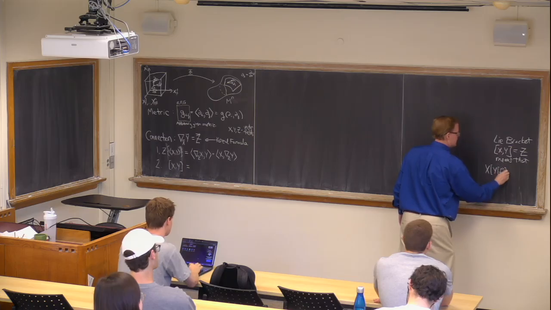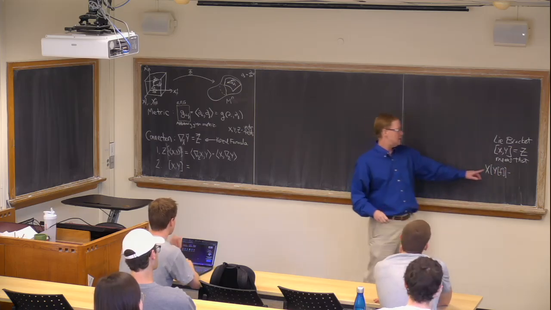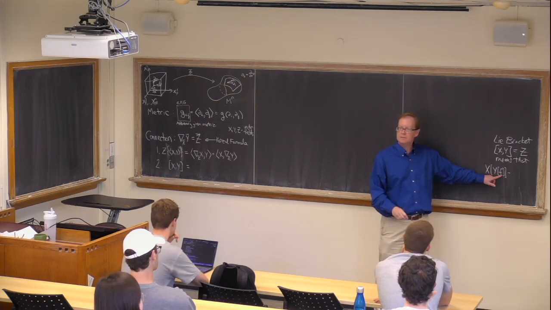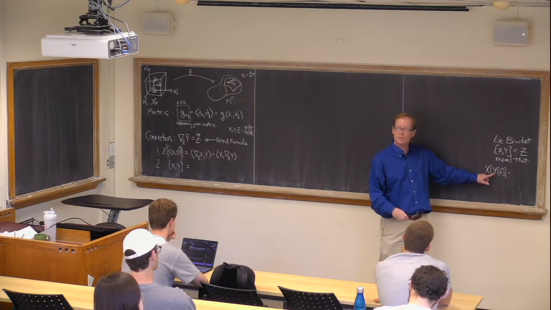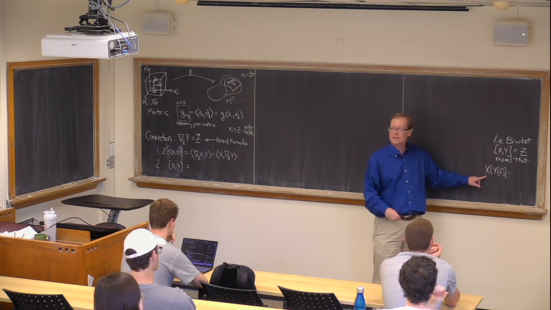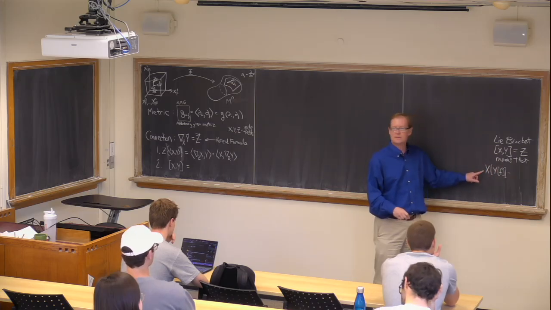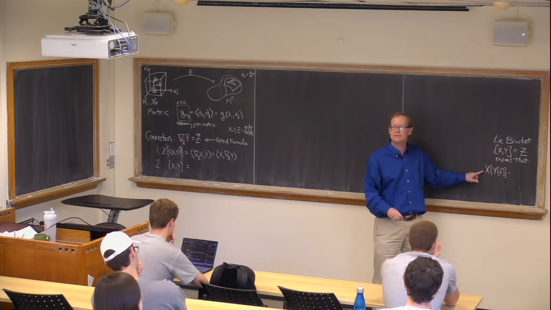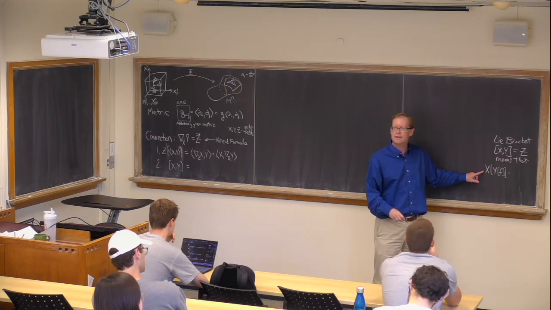You guys see what I did here? I have a function f. You take its directional derivative in the direction of y. That gives you a number at each point, otherwise known as a function. And then you take the directional derivative of that function in the direction of the vector field x. That gives you a function out as well. So it's sort of like a second derivative of f in the direction of two vector fields.